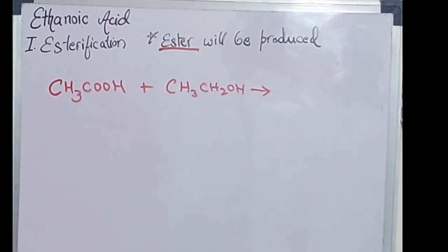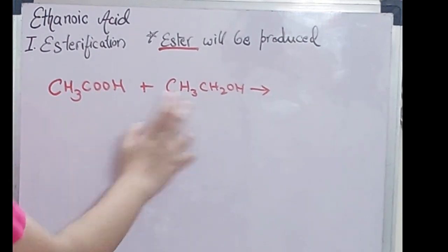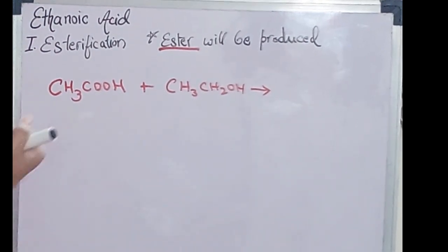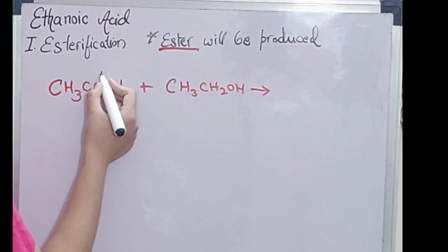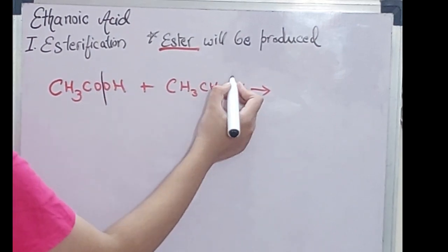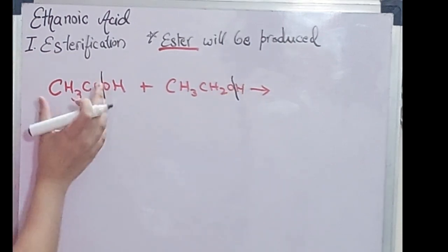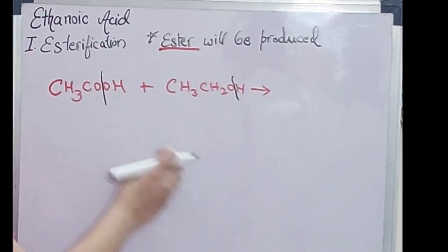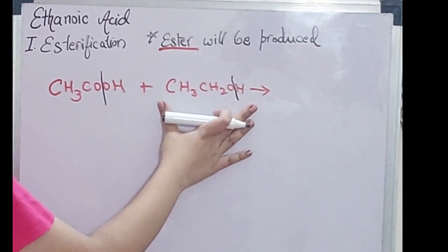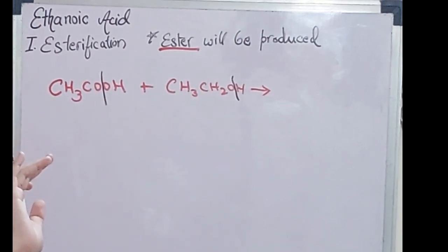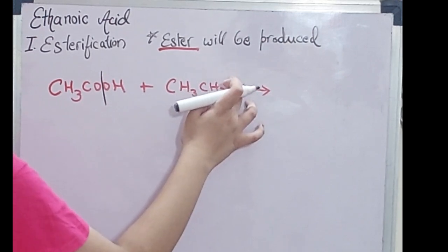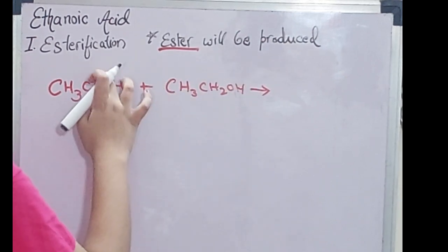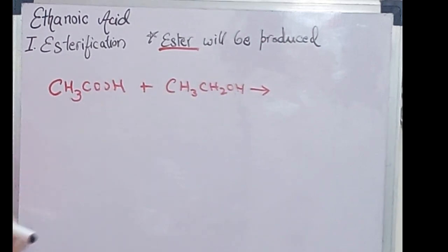So what we are going to do is make them react. Now, from your ethanoic acid, OH is separated out. From your alcohol, H is separated.